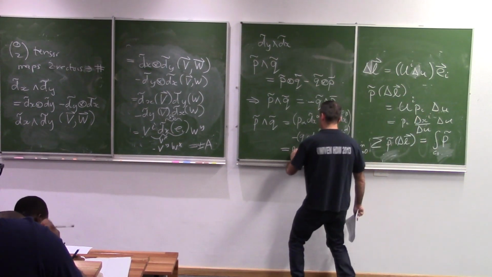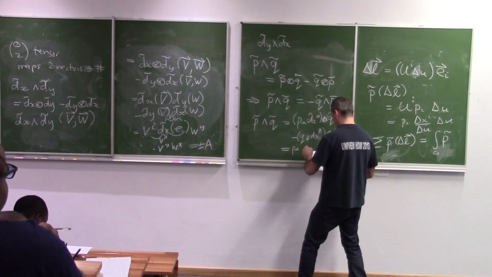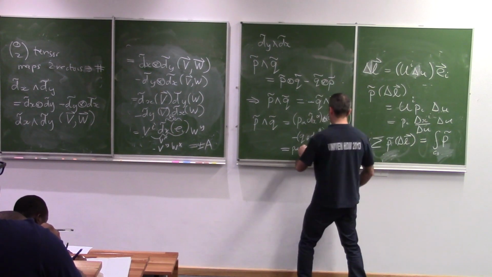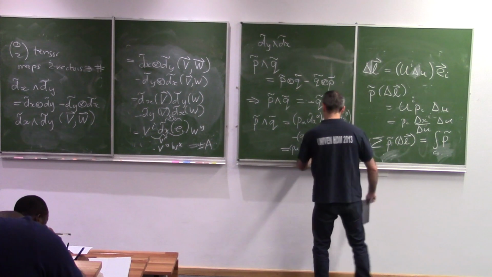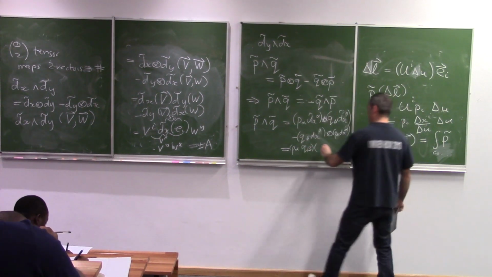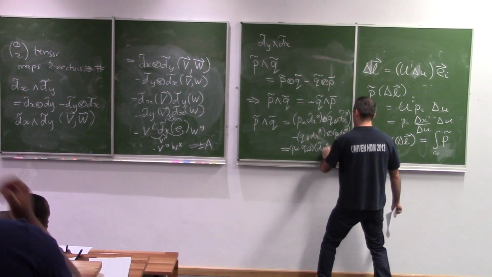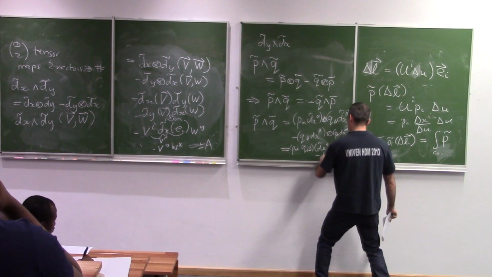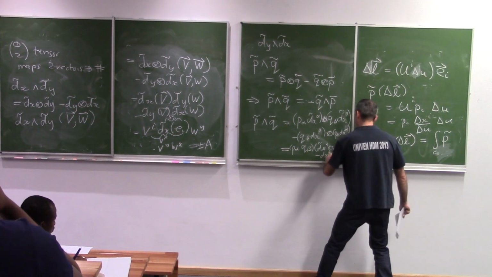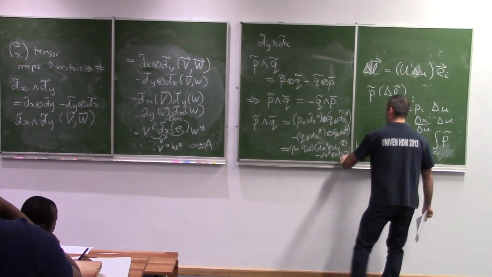So I can write this as P alpha Q beta, okay, good, times D tilde alpha times beta minus dx beta times dx alpha.